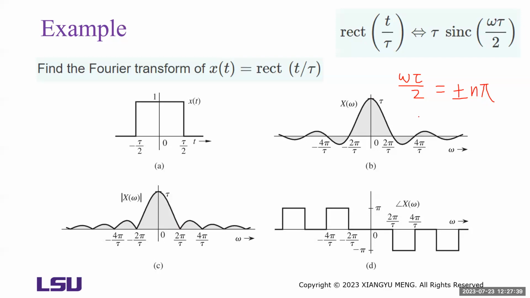Therefore, in this case, we know this function is 0 when omega is positive or negative 2 n pi over tau. So the function is 0 at 2 pi over tau, negative 2 pi over tau, then 4 pi over tau, negative 4 pi over tau.